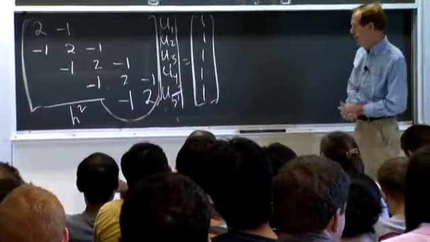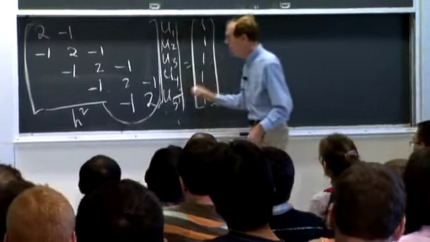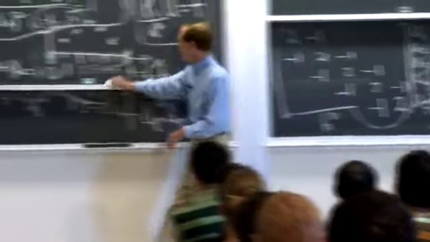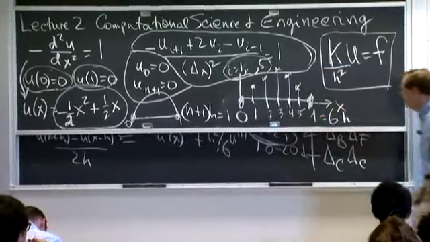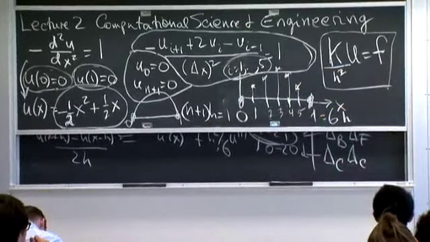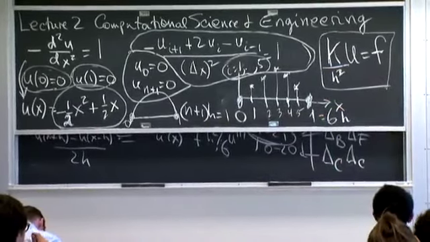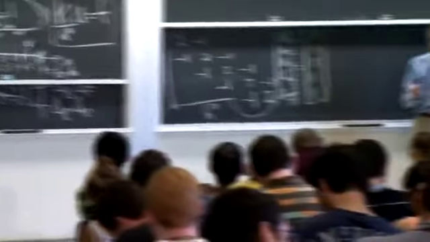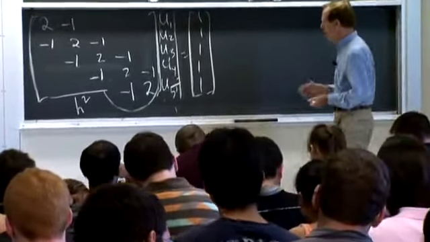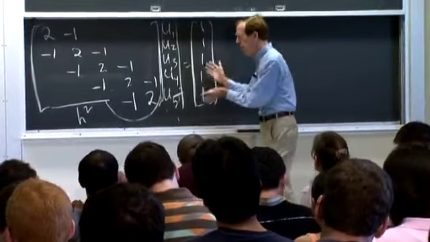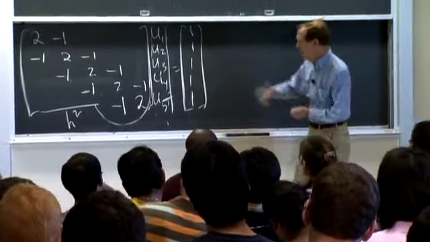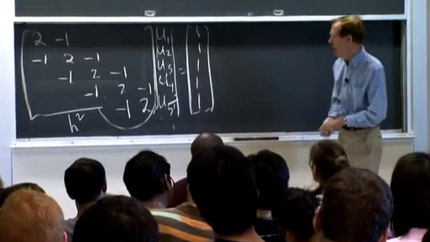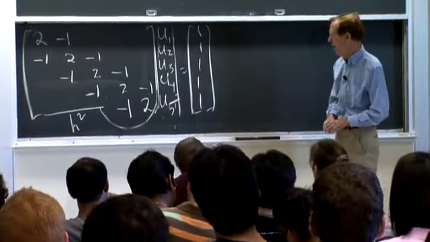And you'll get the answer. And those 5 answers will be these 5 heights. U1, U2, U3, U4, and U5. And we could figure it out. Actually, I think section 1.2 gives the formula for this particular model problem for any size, and in particular for 5 by 5.